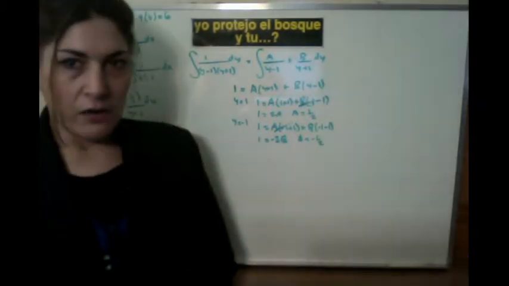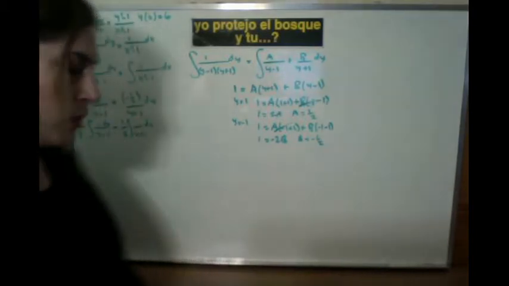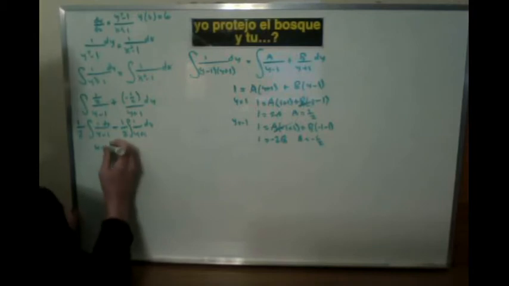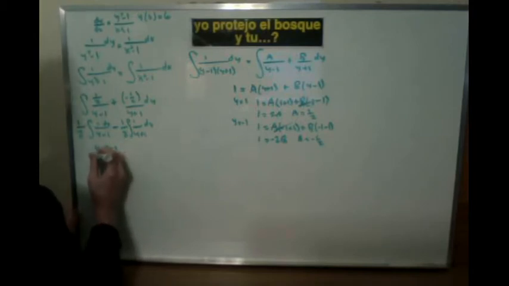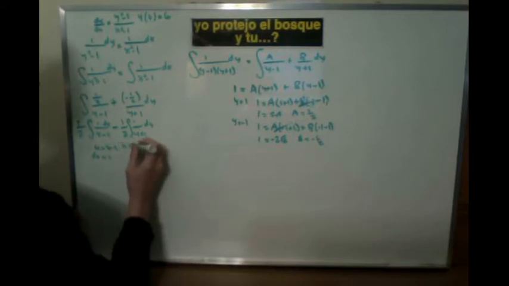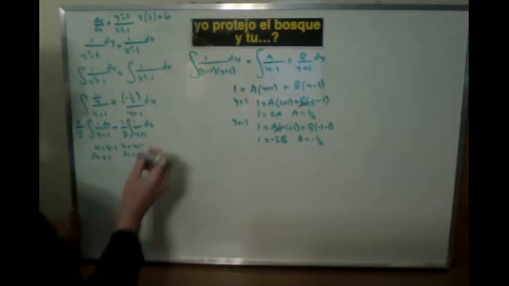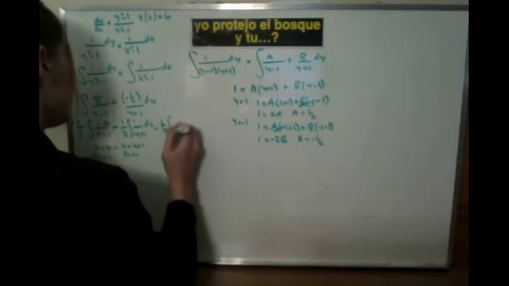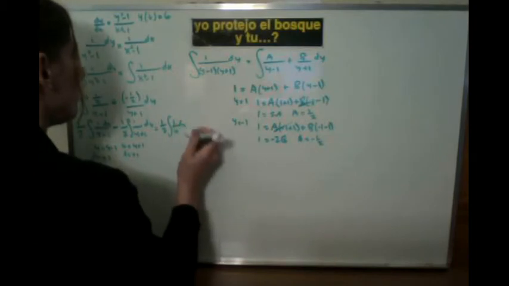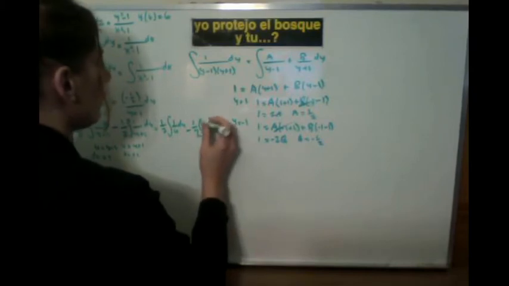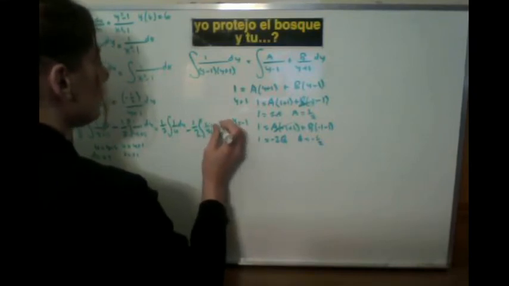We can now solve our integrals by the method of u substitution. If we set u equal to y minus 1 and du equals 1 for the first integral, and u equals y plus 1 and du equals 1 for the second integral, we can rewrite the problem as 1/2 the integral 1 over u du minus 1/2 the integral of 1 over u du.